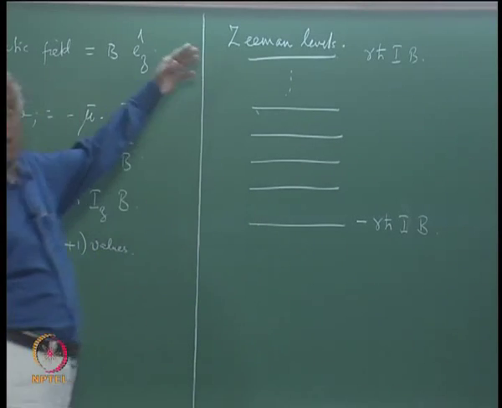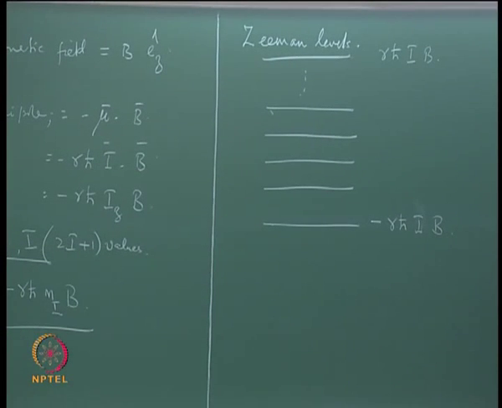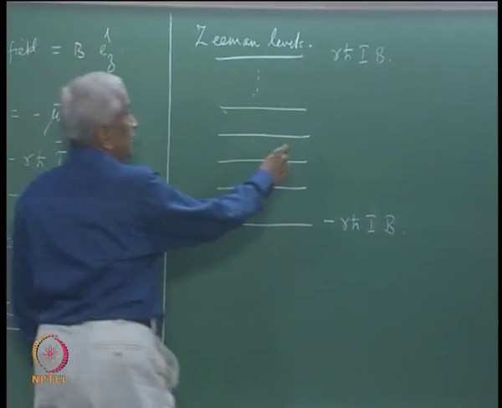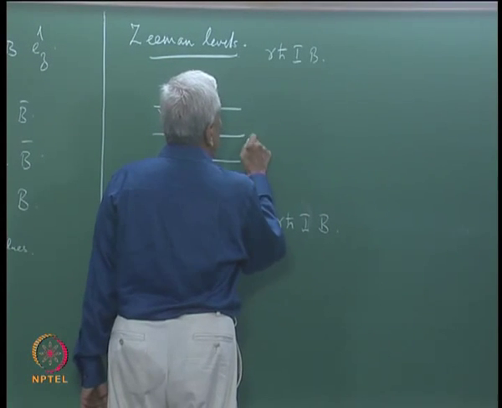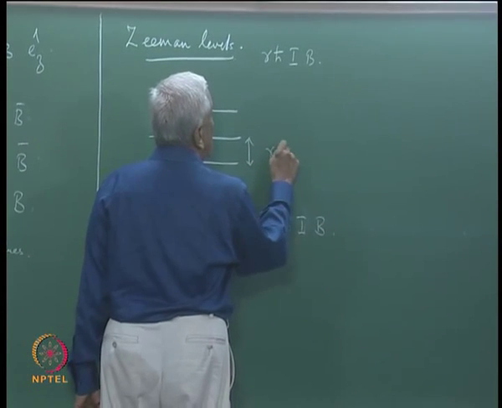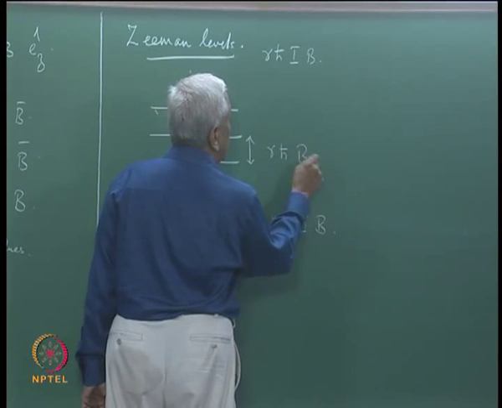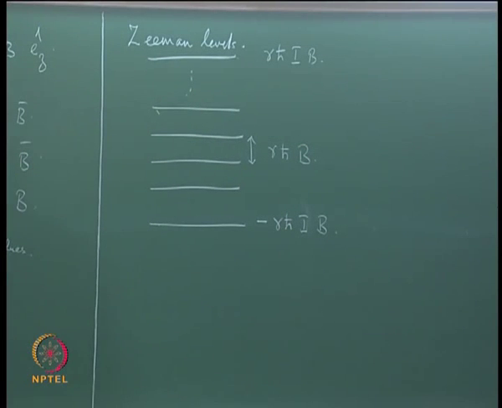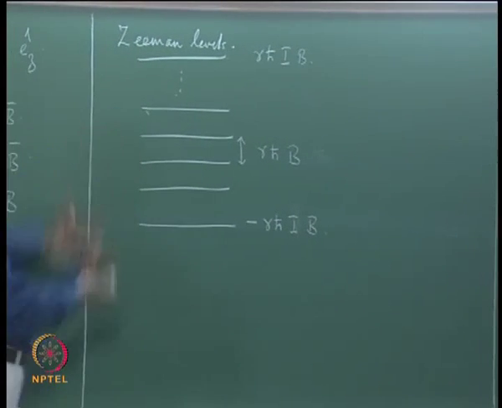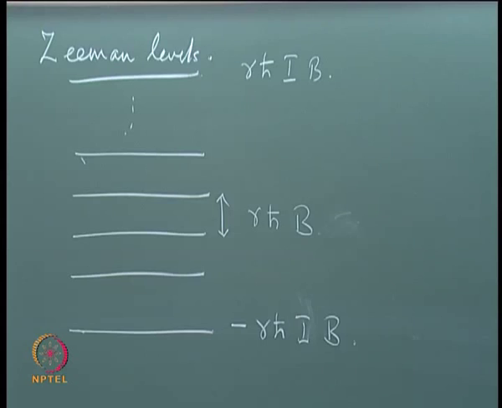All of them are equally spaced, and the adjacent levels have a spacing equal to gamma h cross B. That is the energy difference between adjacent levels. These are the energy eigenvalues in a static field.